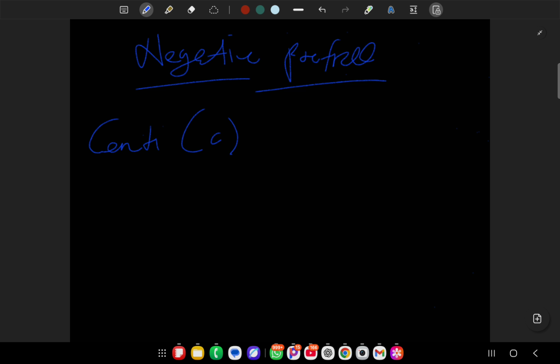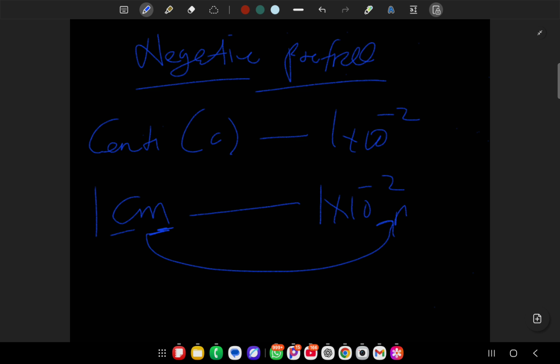The symbol is c, and the meaning is 1 times 10 to the power of -2. If I have a centimeter and I want to know how many meters are in 1 centimeter, where there is a centi, I'm going to put the meaning, 1 times 10 to the power of -2, then the meter comes here. So in 1 centimeter, there's 1 times 10 to the power of -2 meters.